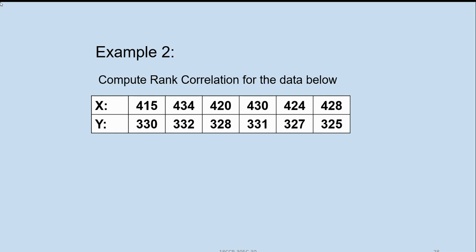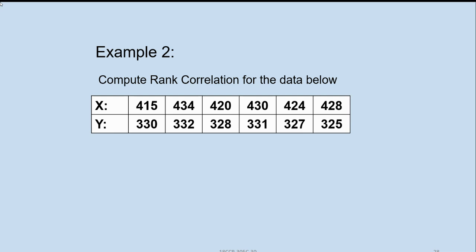And the next lowest number is 420. After 415, we have 420. Opposite to 420 in R1, you write 2. For 415, 1. 420, 2.